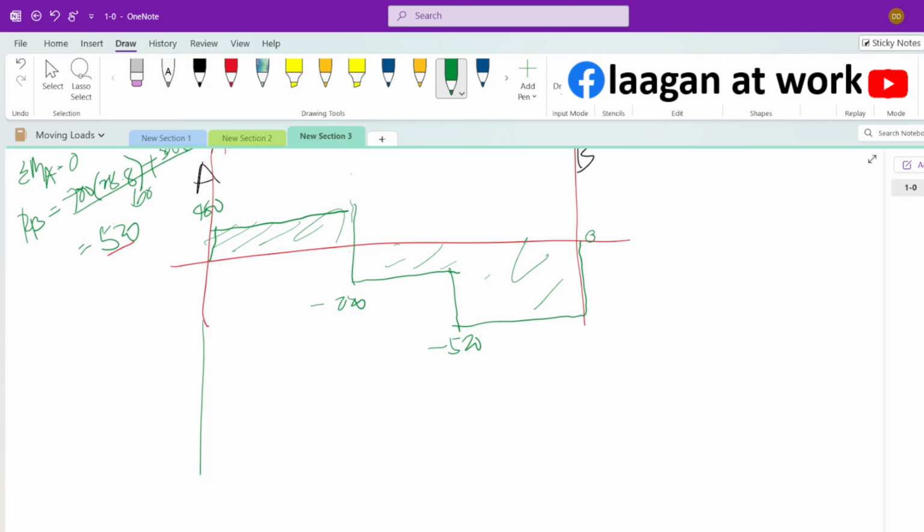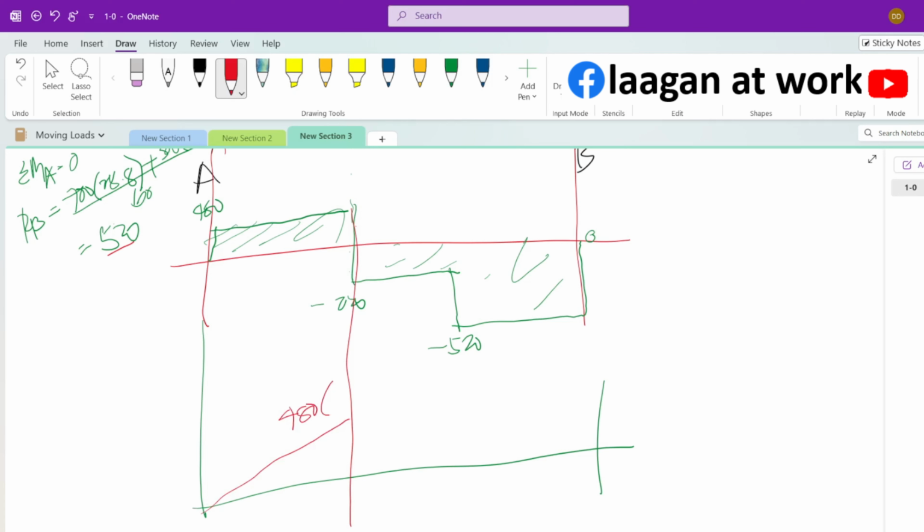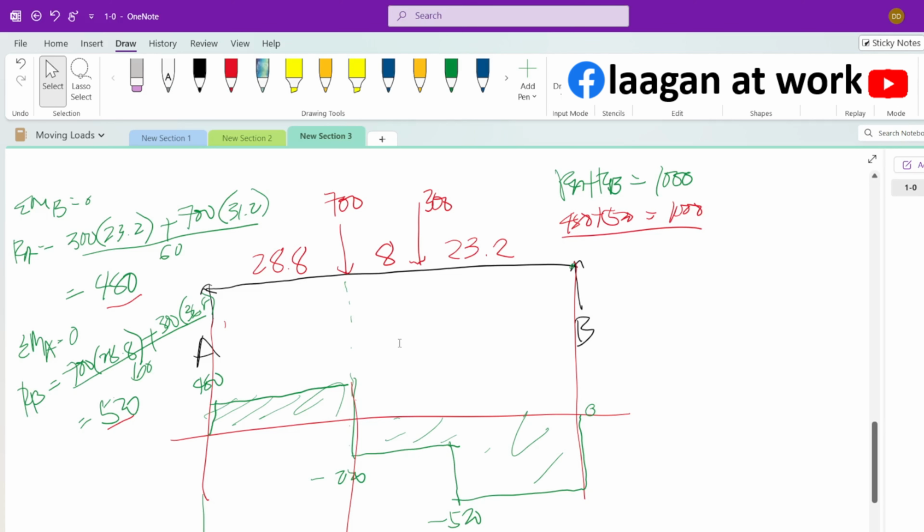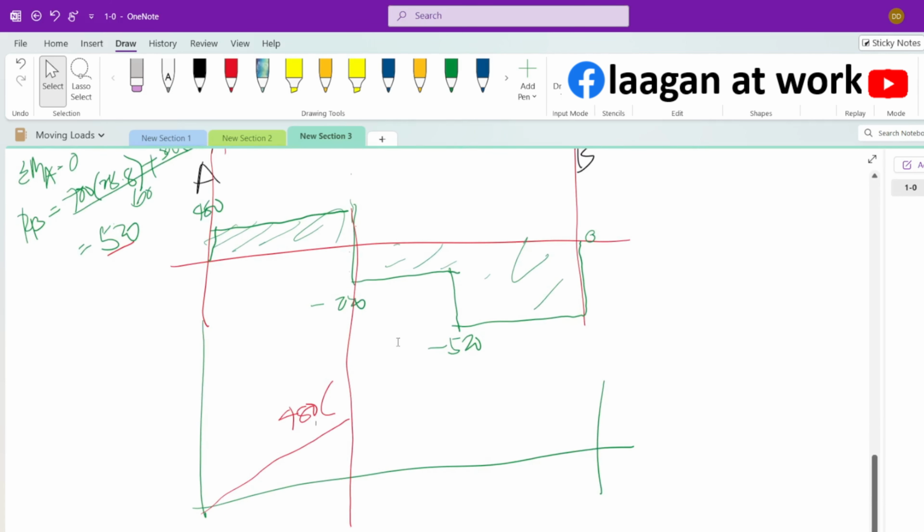So for the top one, this is a straight line, so this will be a triangular first degree curve, which is a diagonal. So 480 times 28.8 is equal to 13,824.